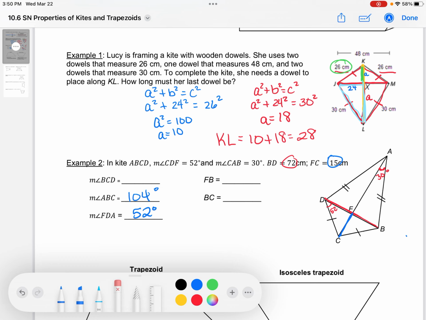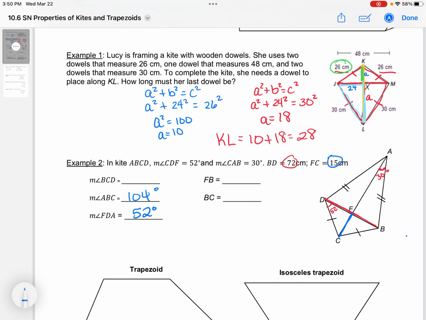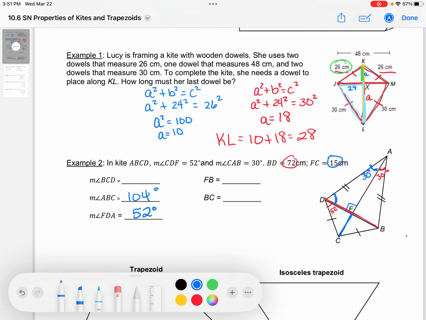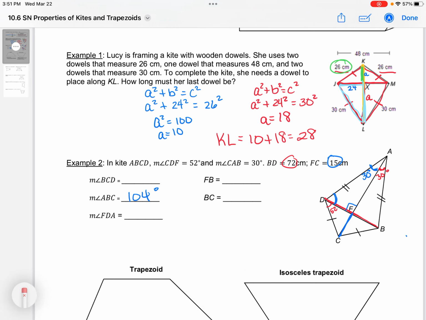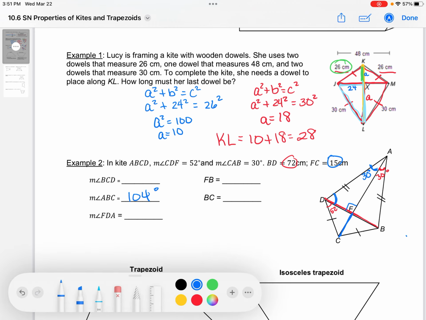Let's start over. Okay, so if this is 30. This is not 30 because, I mean, this is not 52 because I have to have, this is a right angle, so I have 90. So this is B, this is FDA. Let's do this one. Okay. Let's try that one again.